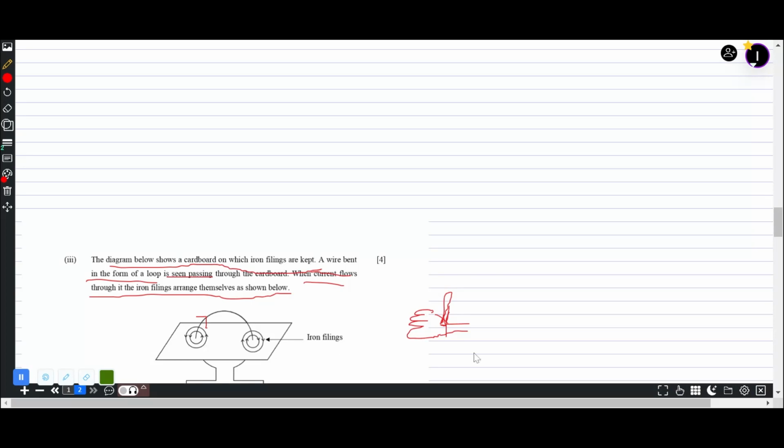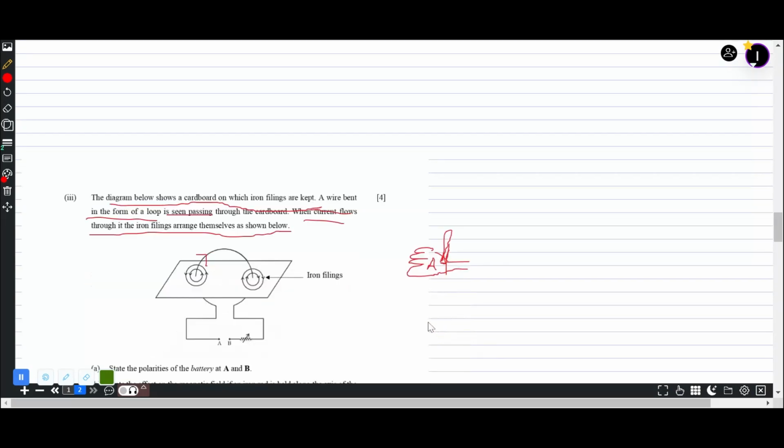So this one was for A, and you just reverse it. You turn your hand down, and when the thumb shows down, the direction of the magnetic field would be clockwise. Anyway, the logic says the current will go in this direction.